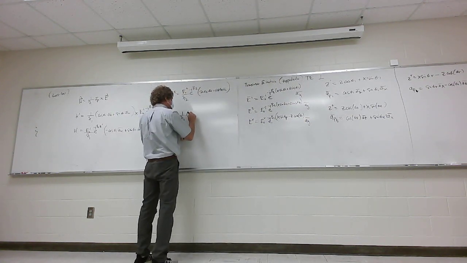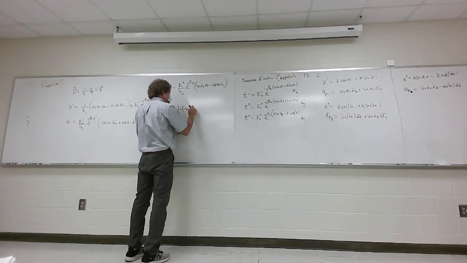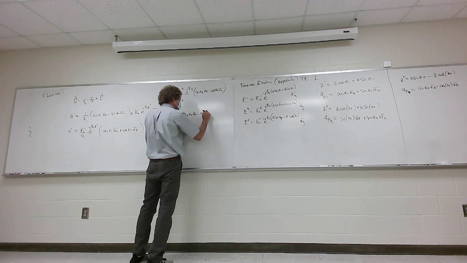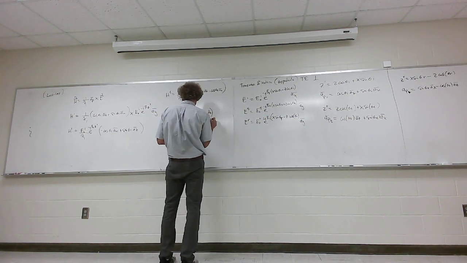So it's sine of theta reflected AX minus cosine of theta reflected AZ, and now that is crossed into the E field.